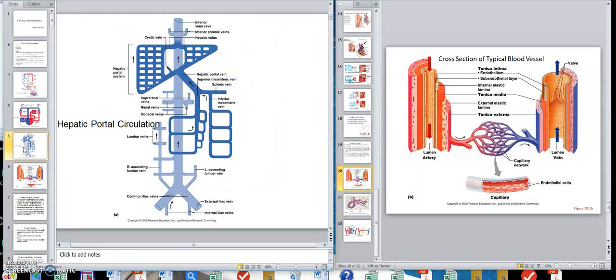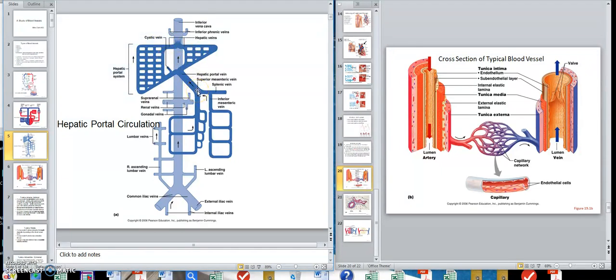This is a schematic of the hepatic portal circulation, which is a venous circulation. Blood that drains from the intestine ultimately goes through the hepatic portal vein through the liver. And you can get hepatic portal hypertension.